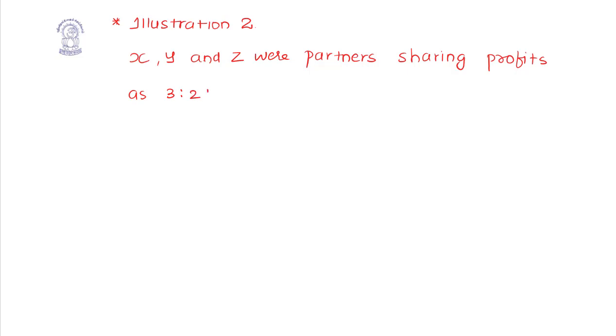Illustration 2. X, Y, and Z were partners sharing profits as 3 is to 2 is to 1.